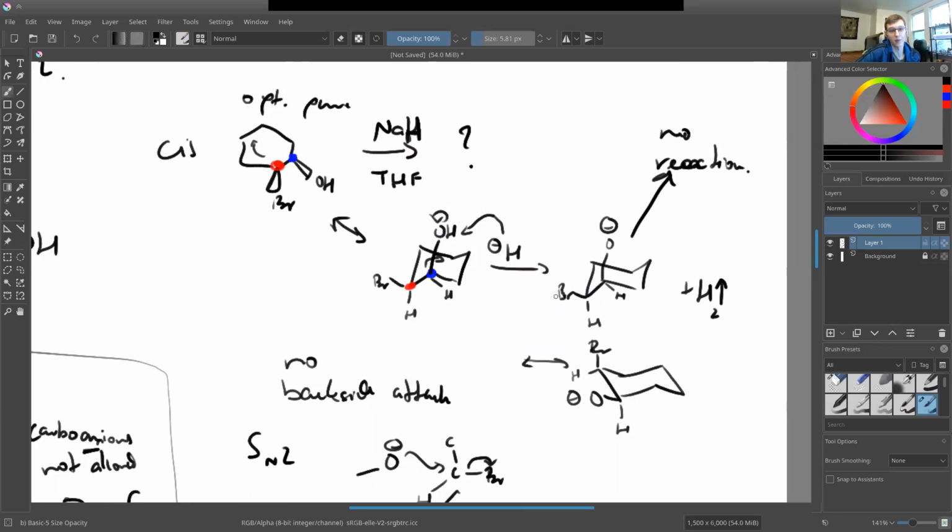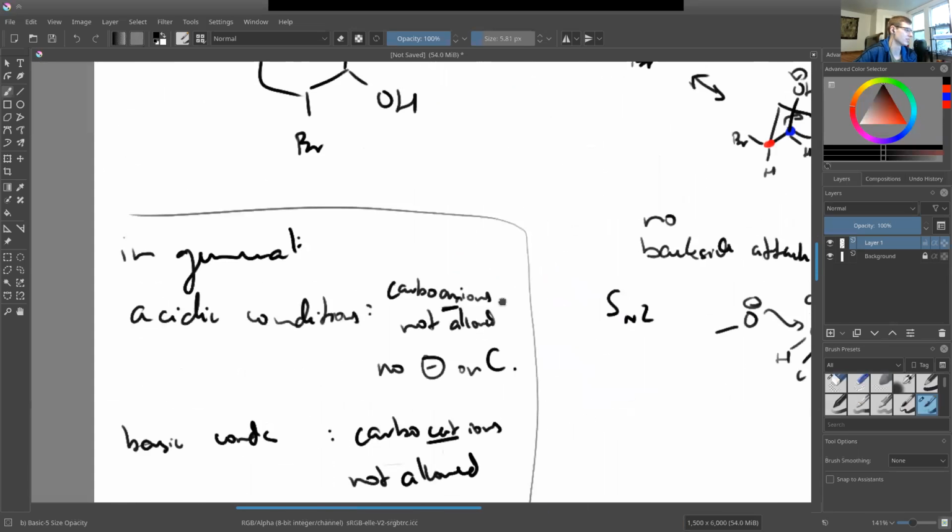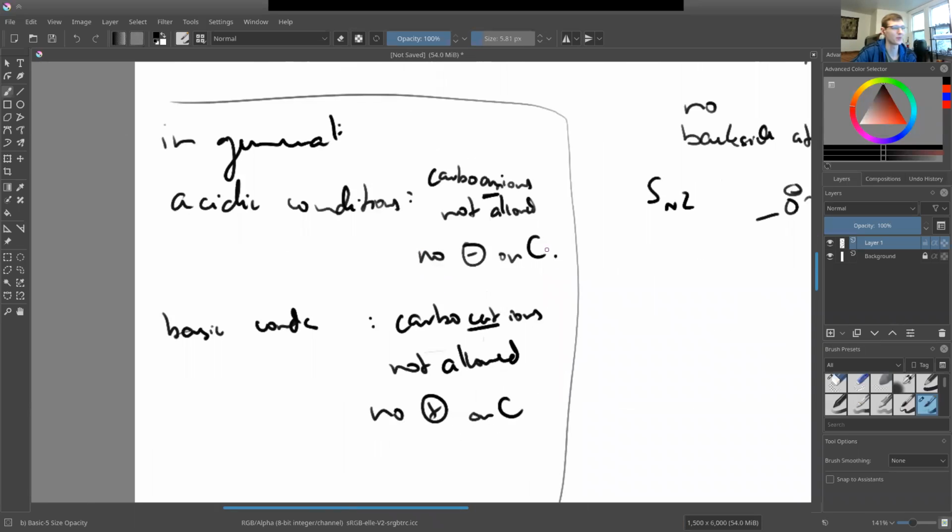We're only ever going to have minus charges on this molecule. This is something really useful to keep in mind whenever you draw mechanisms. They'll dock plenty of points if you start drawing minus charges in acidic solutions and vice versa.